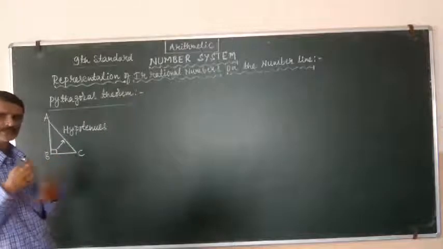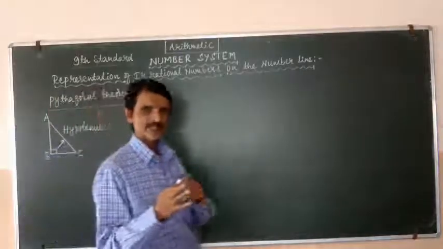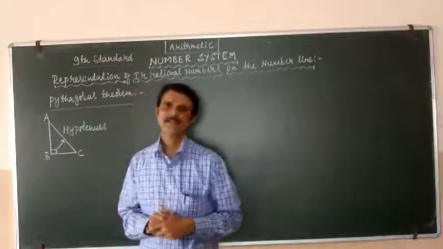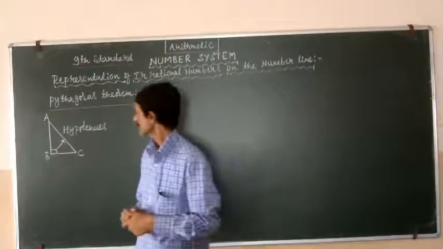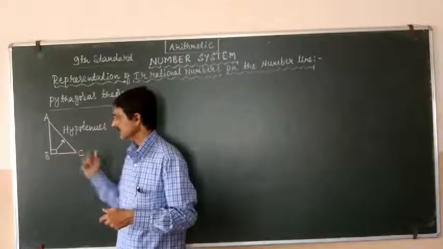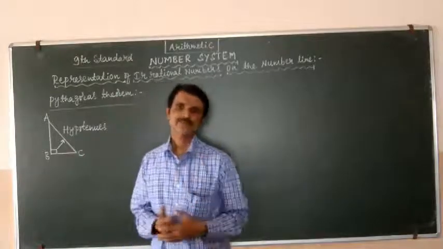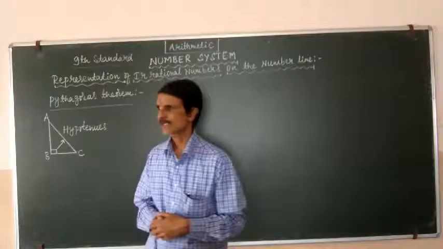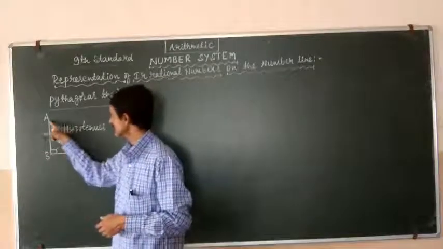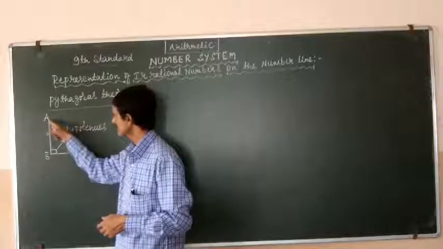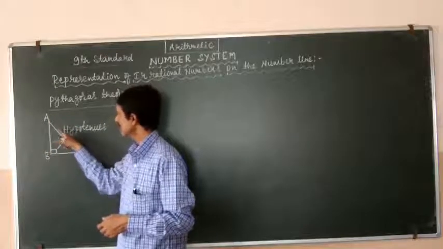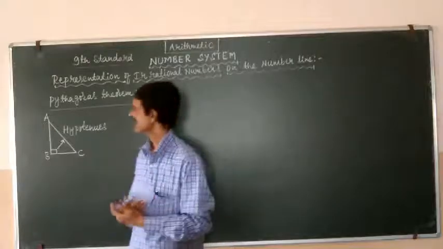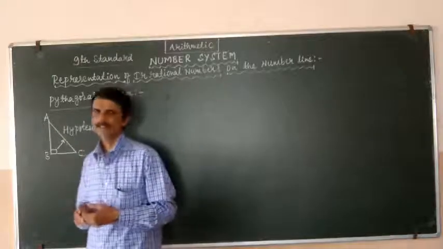AC is called the hypotenuse because it is opposite to the right angle. And hypotenuse is the longest side of the right angle triangle.